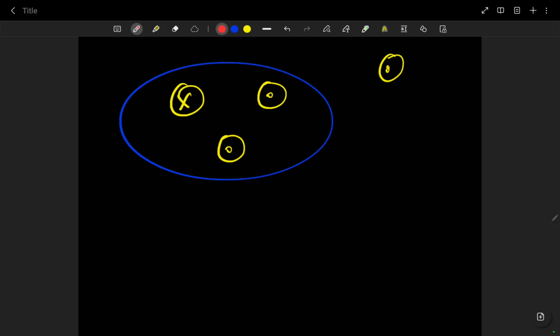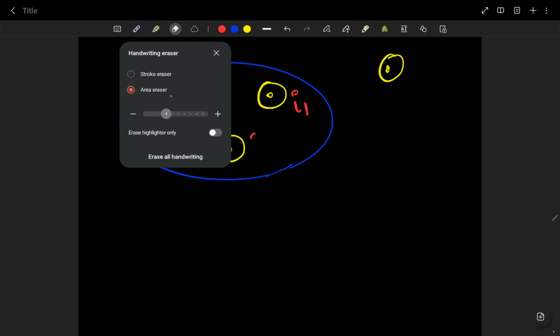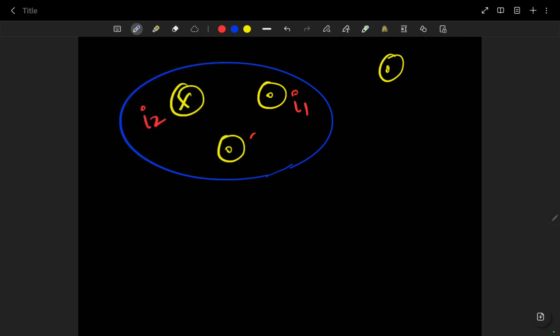We want you to simplify it with the help of Ampere circuital law. So I'm just giving them names. This is I1, this is I2, and this is I3. This is I4, right?